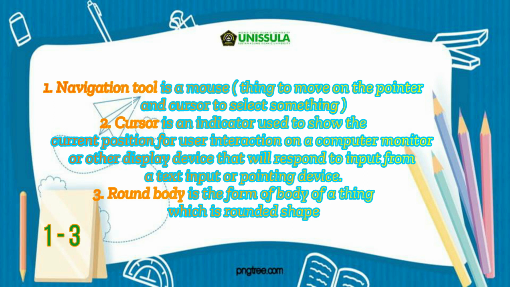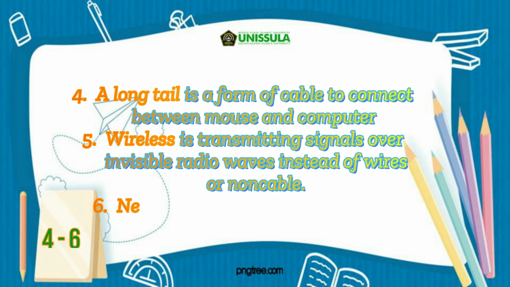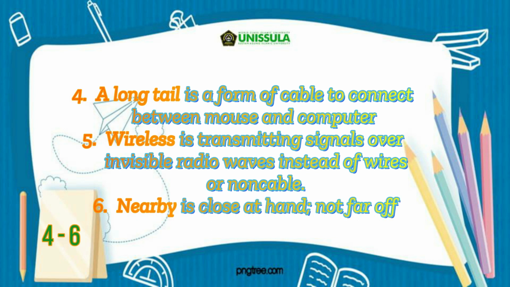Three, round body is the form of the body of a thing which is round shaped. Four, a long tail is a form of a cable to connect between the mouse and the computer. Five, wireless is transmitting signals over invisible radio waves instead of wires, or non-cable.